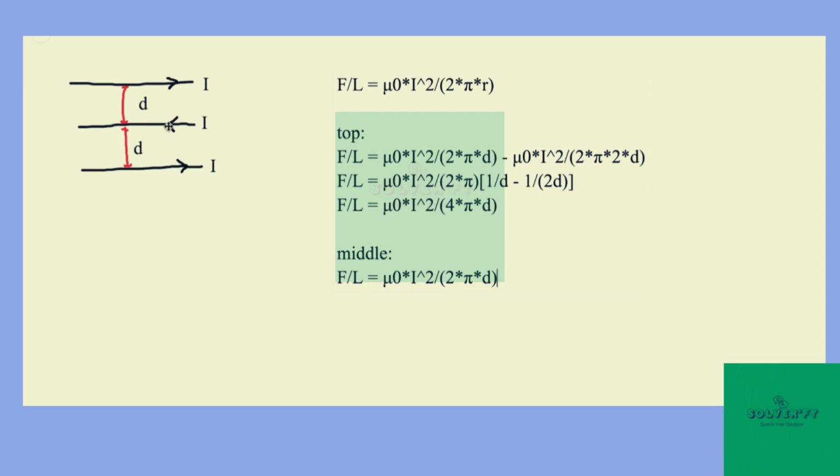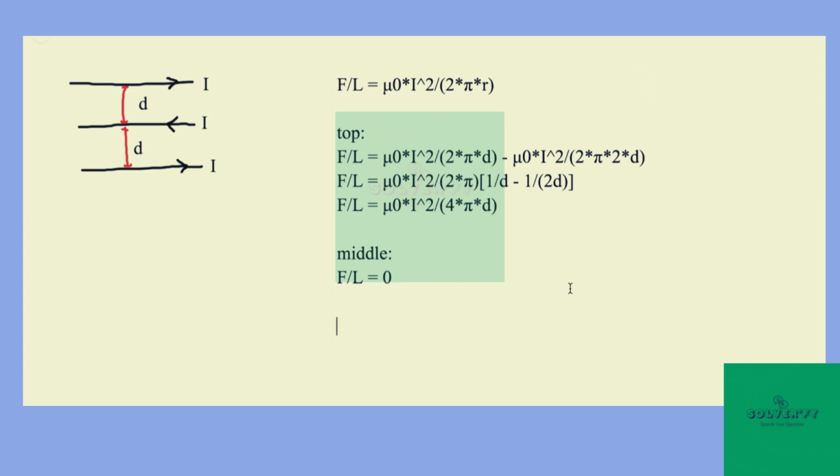We have a force exerted downwards from the top wire and a force exerted upwards from the bottom wire, and they have the same magnitude because they're both separated by the same distance and have the same current. So they totally cancel out because they're in opposite directions, and the net force is just going to be 0.